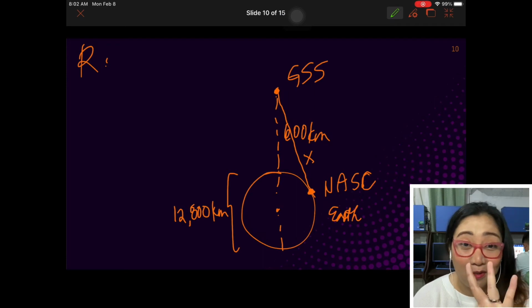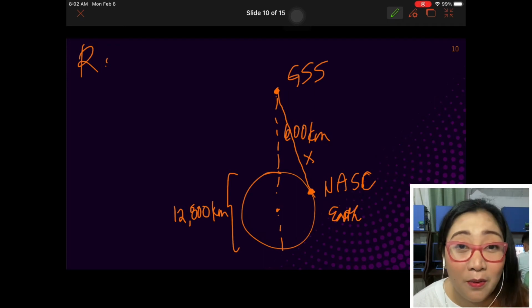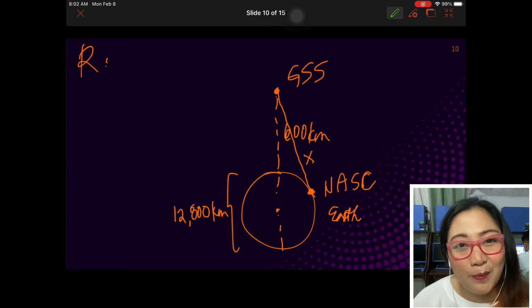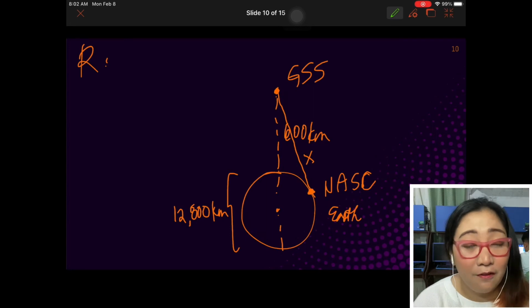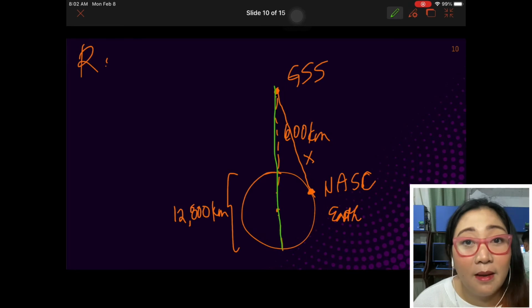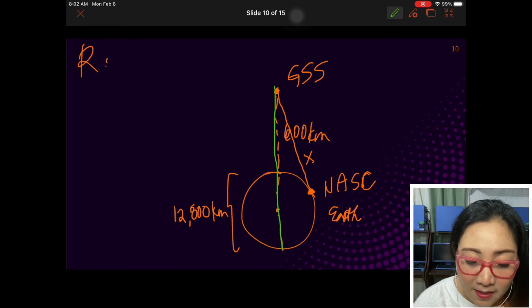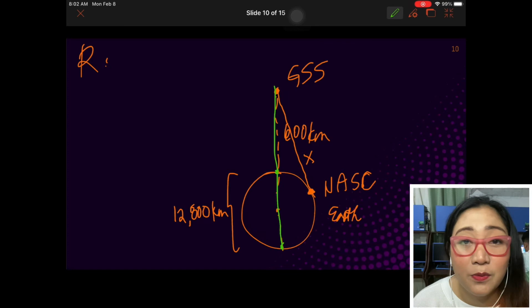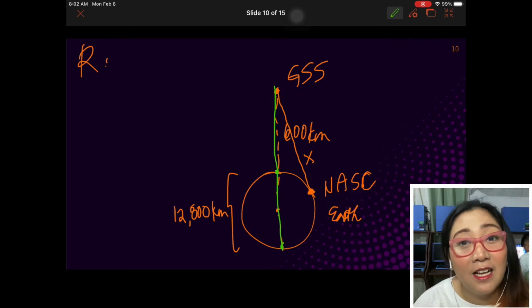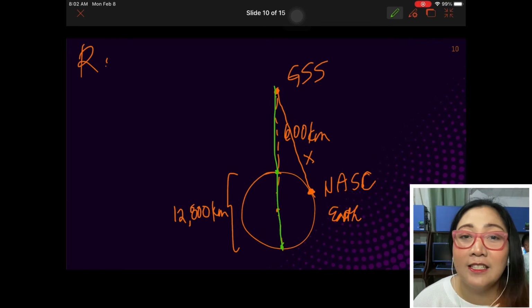Naalala mo yung tatlong power theorems natin? We have the chord power theorem, secant power theorem, at saka si tangent-secant power theorem. So, in this case, anong theorem kaya yung papasok sa ating problem? So, you have a tangent line, and then this one is actually a secant line. Tama? Bakit siya secant line? Kasi it passes through your circle, or it intersects with your circle at 2 points. Okay? So, since we have established this already, then ang gagamitin po natin ay tangent-secant power theorem.